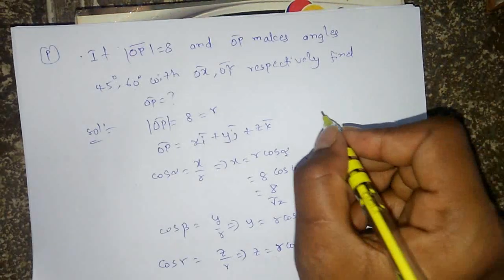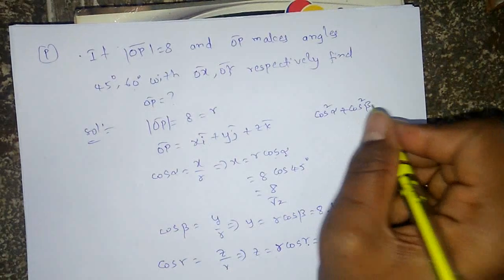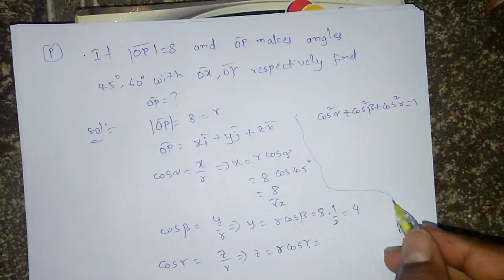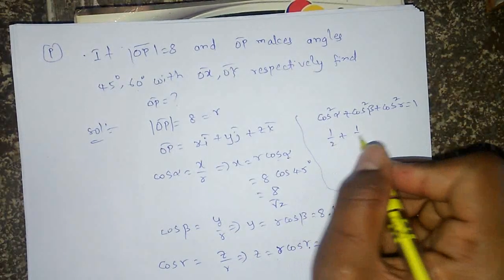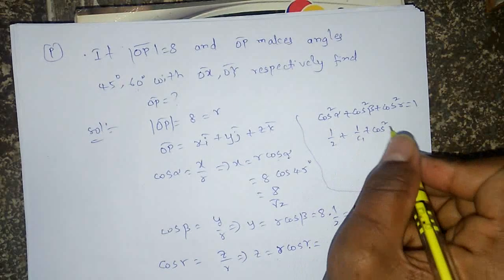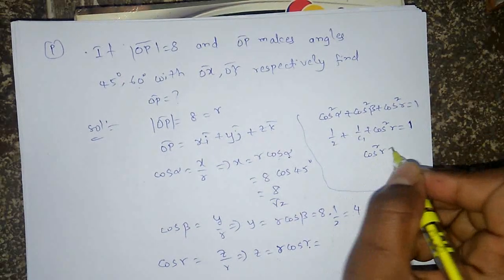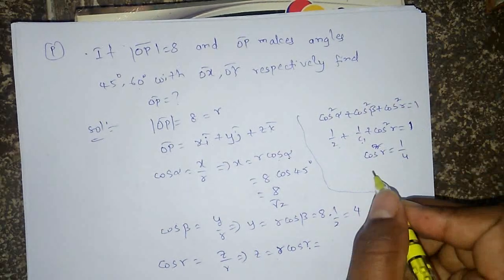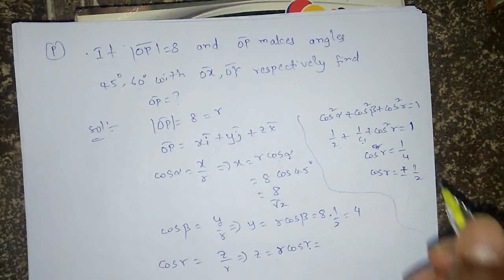So we know that cos square alpha plus cos square beta plus cos square gamma is equal to 1. Directional cosines formula is, this is 1 by 2, 1 by 4. We need cos square gamma, that is equal to 1 minus, cos square alpha plus cos square beta is 1 by 2 plus 1 by 4, 3 by 4. 1 minus 3 by 4 is 1 by 4. So cos gamma is equal to plus or minus 1 by 2.